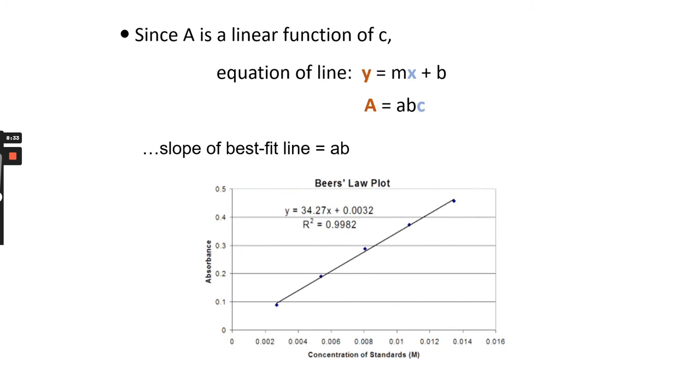Since A is a linear function of c, we could use this y equals mx plus b, and we're going to relate it to A equals abc. These two are equal, and these two are equal. So your slope is basically a times b. Remember, b in our case is 1 centimeter because our cuvette is 1 centimeter.